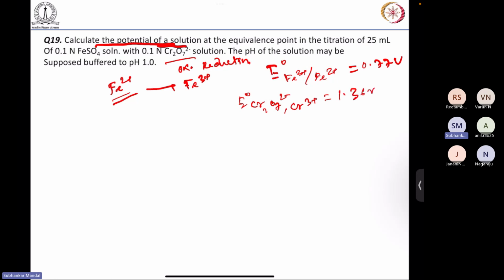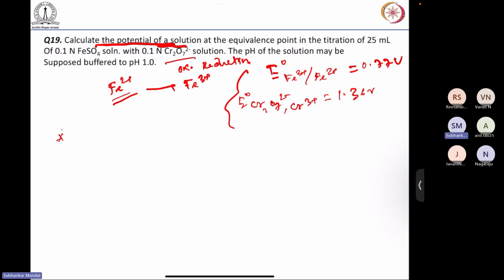These two values they will give actually. I think I made a mistake, I did not take that value. So basically, you have to write the equation.